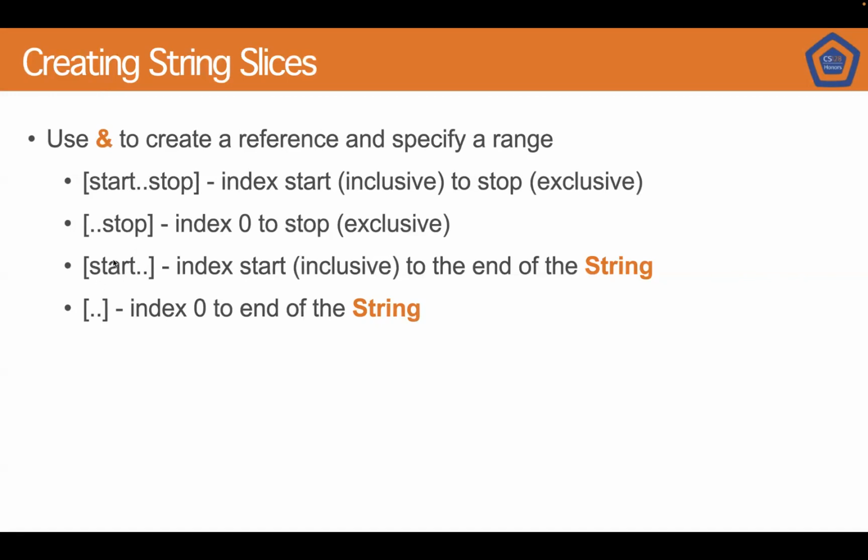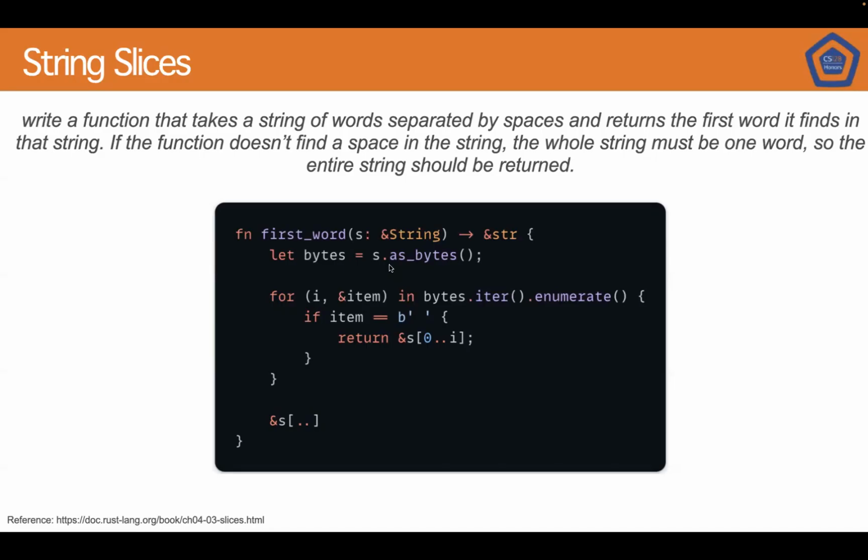You can also have the same for start. You could just have a starting index, and then Rust will infer that you want the rest of the string as part of that slice as well. And if you wanted to, you could have a slice of the entire string, which would just be a normal reference.